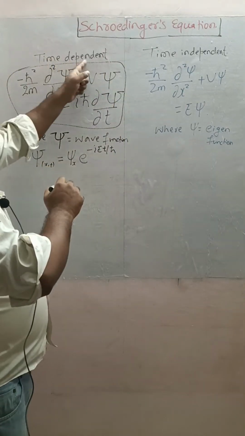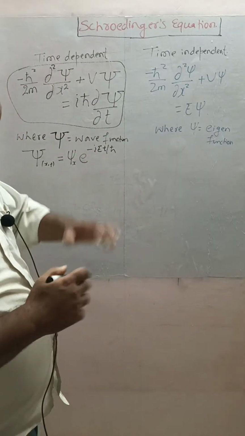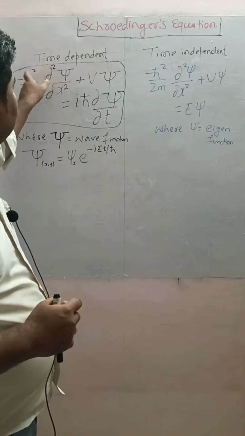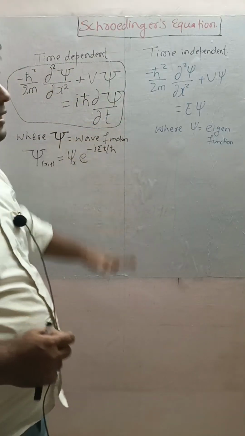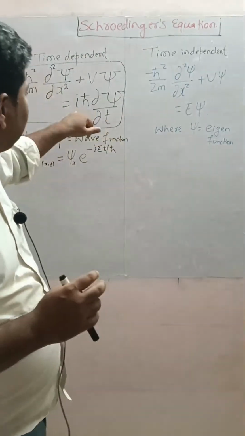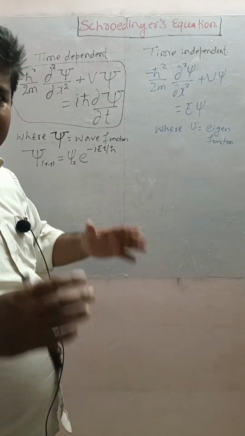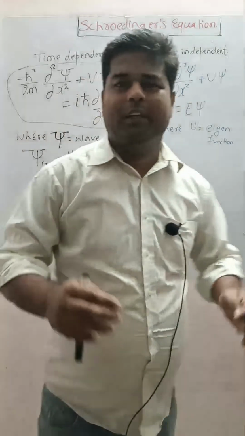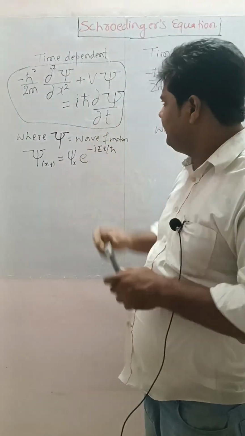This is time dependent. Why do we call it time dependent? Because in this equation you can see there is time. Means this form of Schrödinger equation is affected by time. Time is important here.